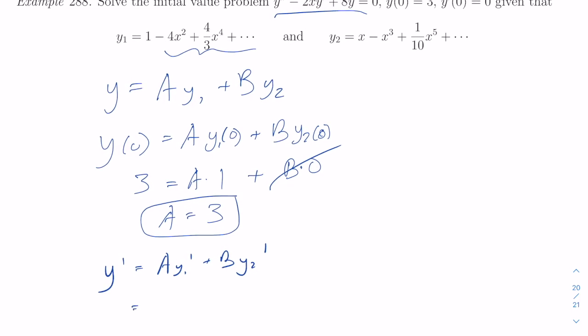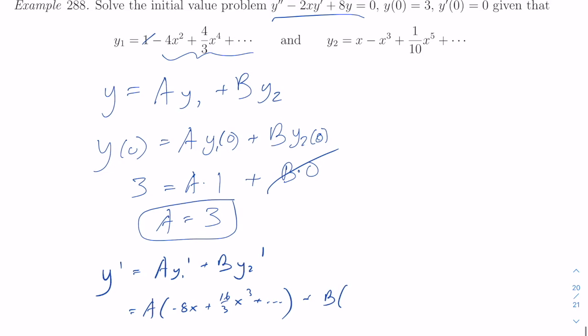And that is, so that thing goes away, and I get a times negative 8x plus 16/3 x to the third plus and so on, plus b times 1 minus 3x squared plus 1/2 x to the fourth plus and so on.